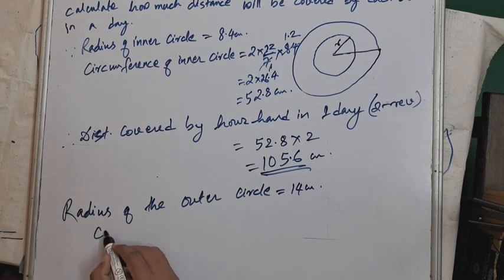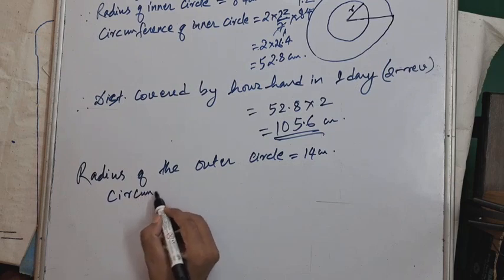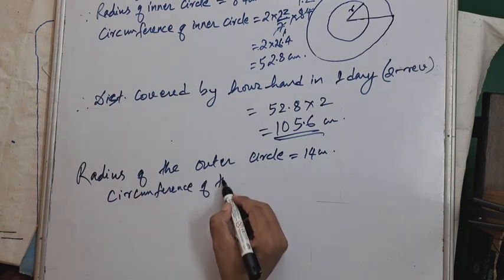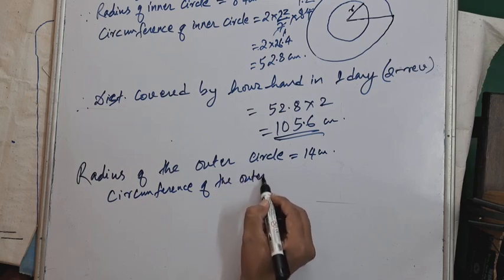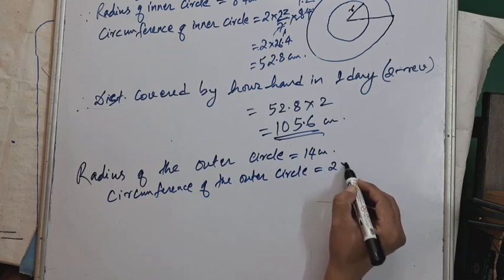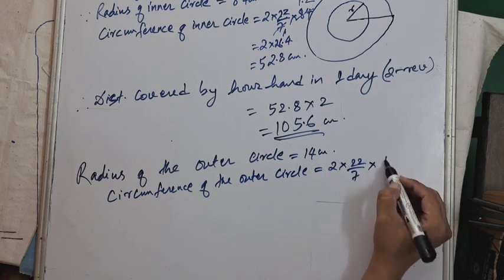So the circumference of the outer circle equals 2 into pi into r. r is 14.